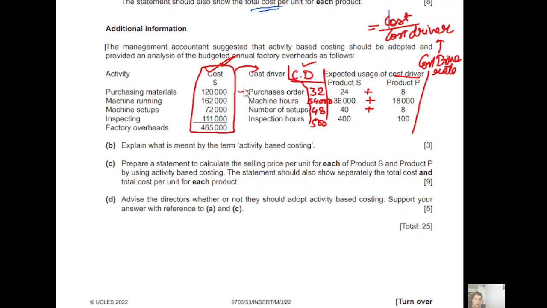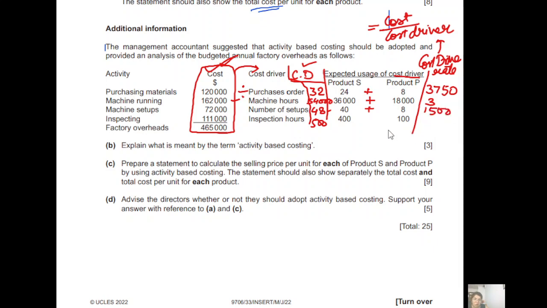120,000 divided by 32, then you will find out 3,750, and then 162,000 divided by 54,000, that is your 3. Then 72,000 divided by this 48, it will become 1,500.